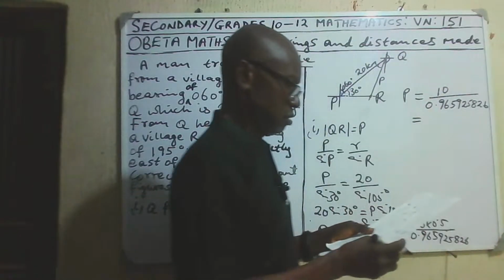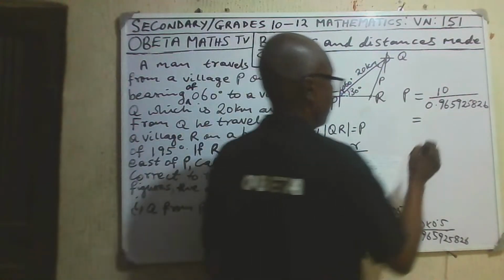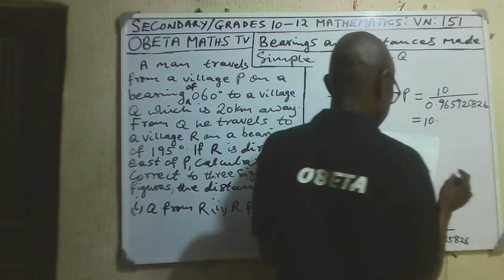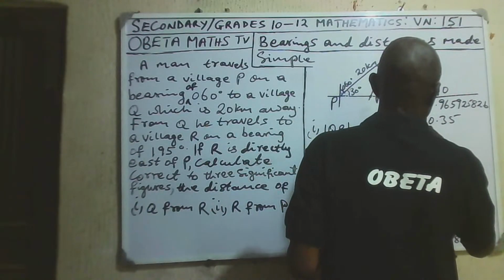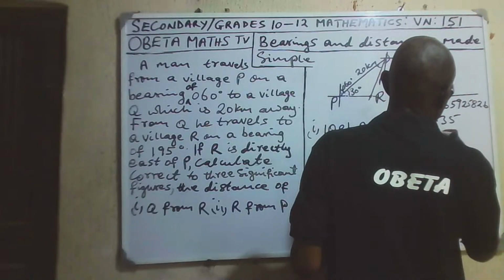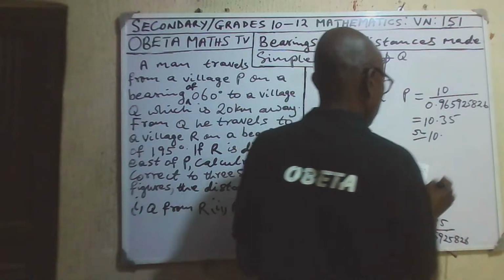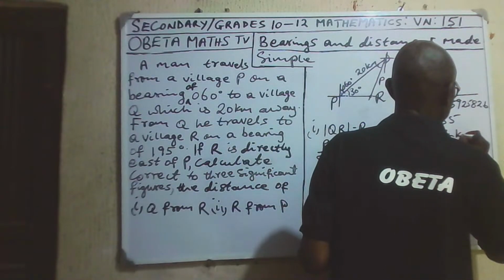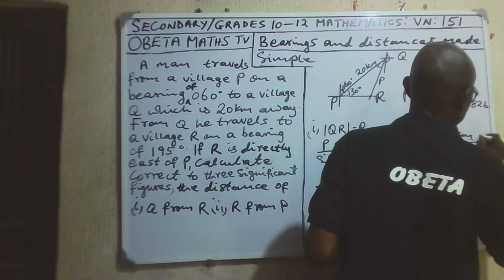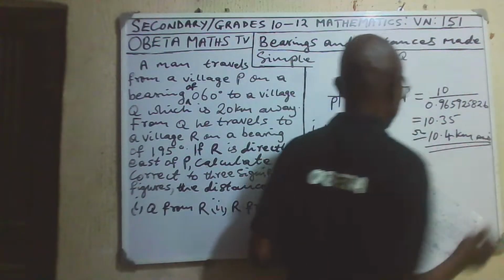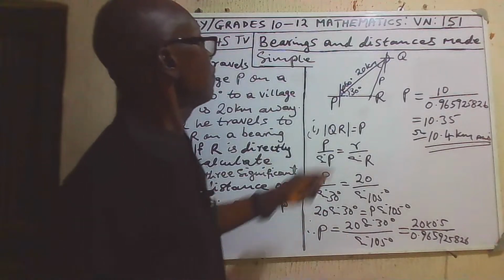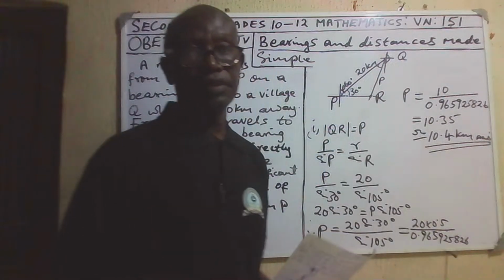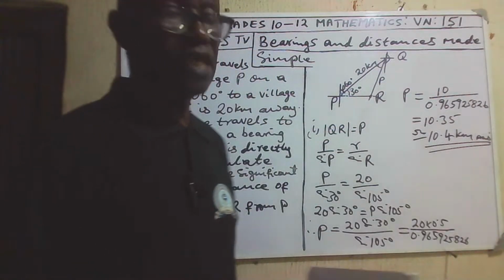And then finally we have 10.35 approximately. So the final answer is 10.4 kilometers. That is to 3 significant figures. So that is the distance from Q to R, and we have succeeded in getting that.